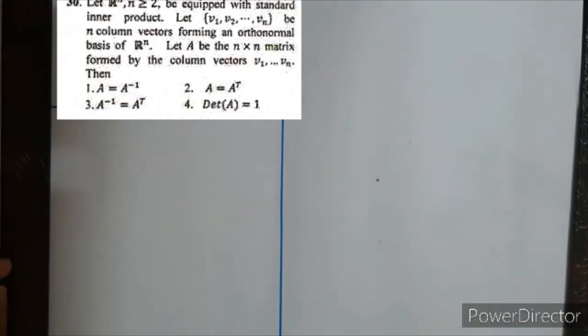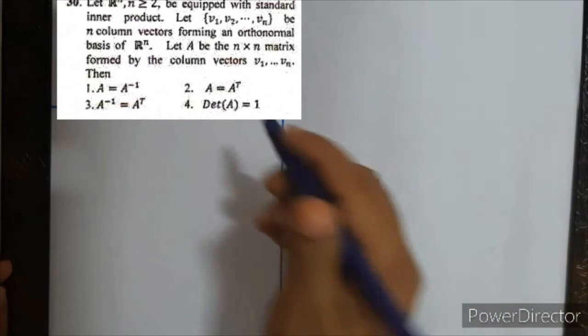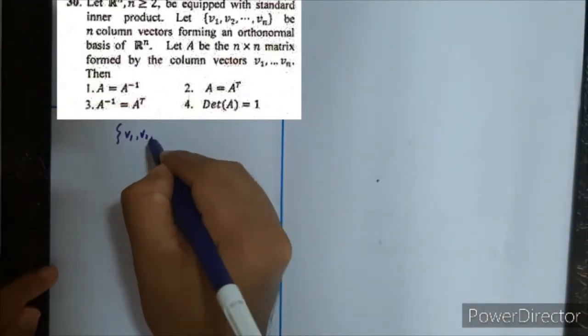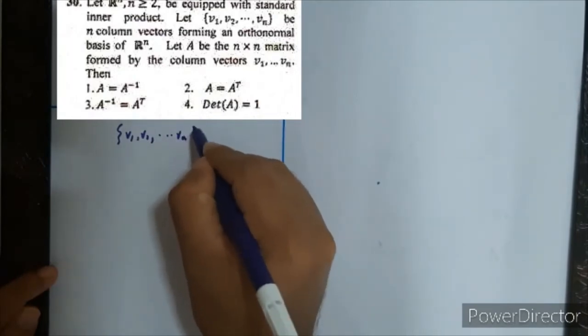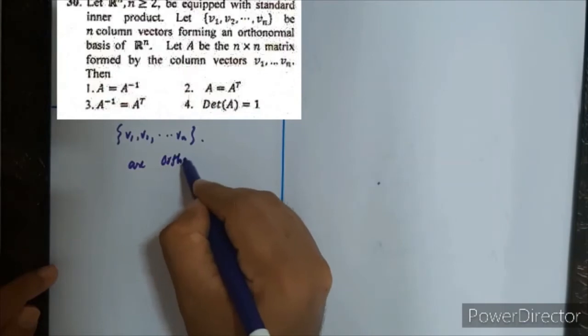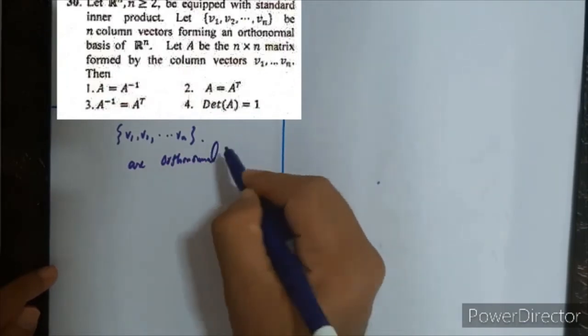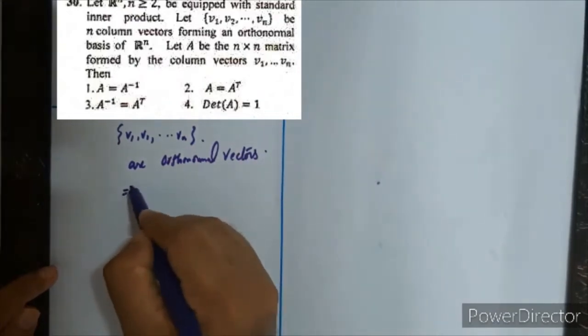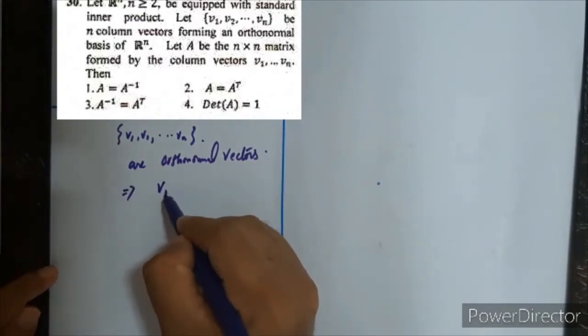Now given v1, v2, etc., vn are a set of orthonormal vectors, what do I mean by orthonormal vectors?